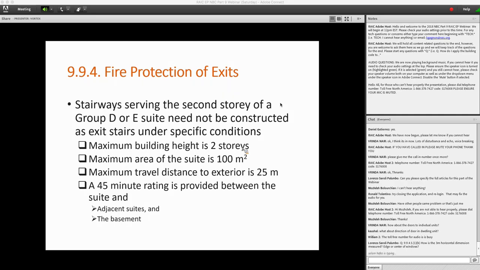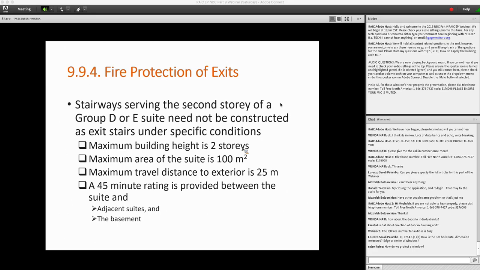This travel distance, for instance, if you have a 2-story suite, is measured from the second story to the exterior doorway. And on top of that, a 45-minute fire resistance rating is provided between the suite and adjacent suites or the basement.